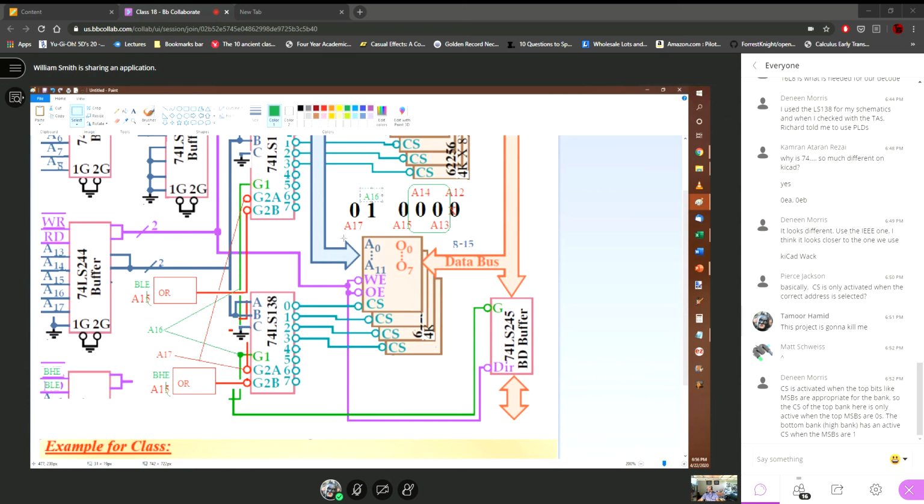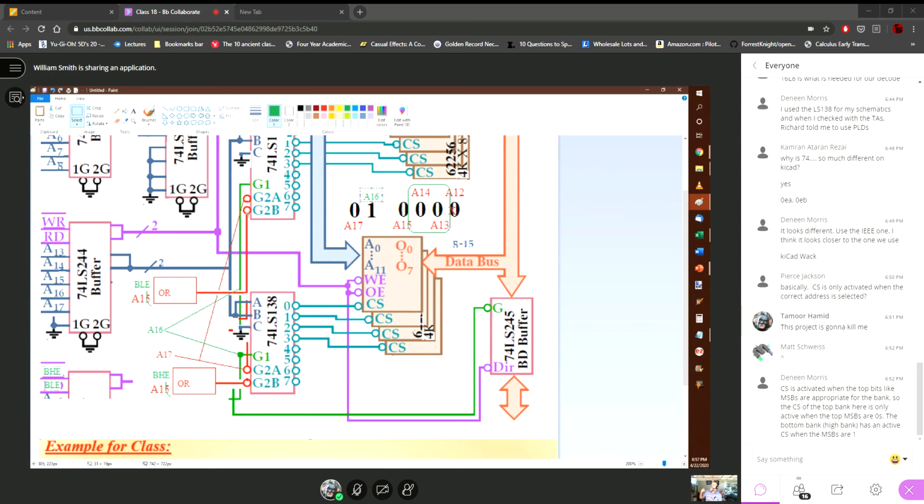So A16 has to be a 1 here and here. A17 has to be a 0, which gets you 2/3 of the way there. And then both A15 and the bank select, which is active low, have to be 0 to go into this, to turn on the bottom bubble. So you have to have all three of those active. For G1, it has to be active high.